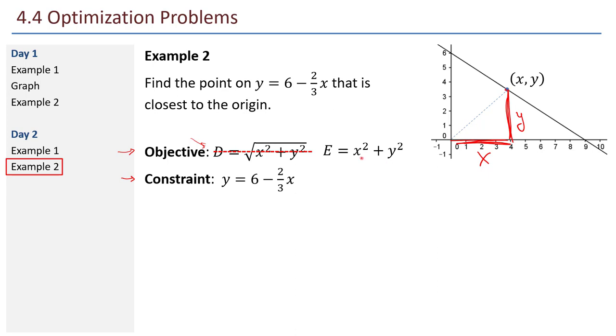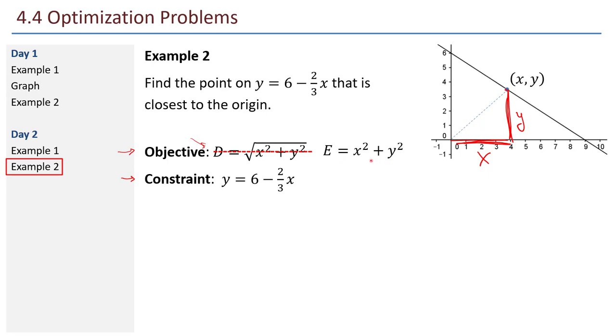Because think about it. When x squared plus y squared reaches its smallest quantity, then the square root of x squared plus y squared is also as small as possible. So if I can make e as small as possible, then automatically d will be as small as possible as well. And it's just a little bit easier to work with e.